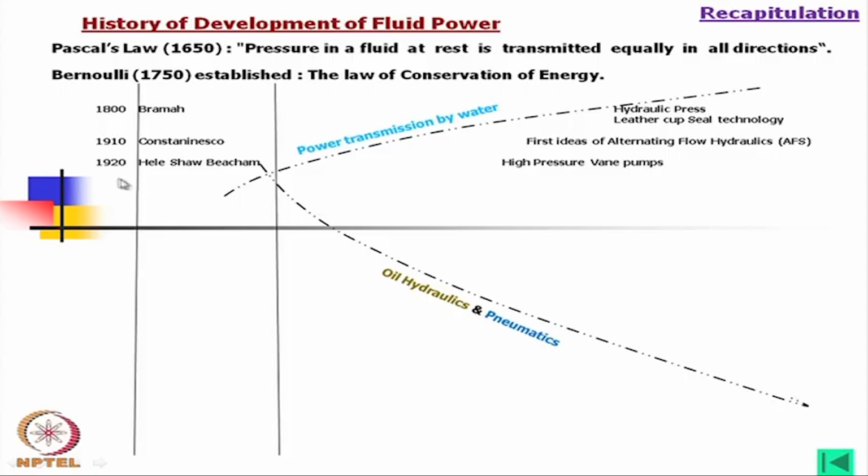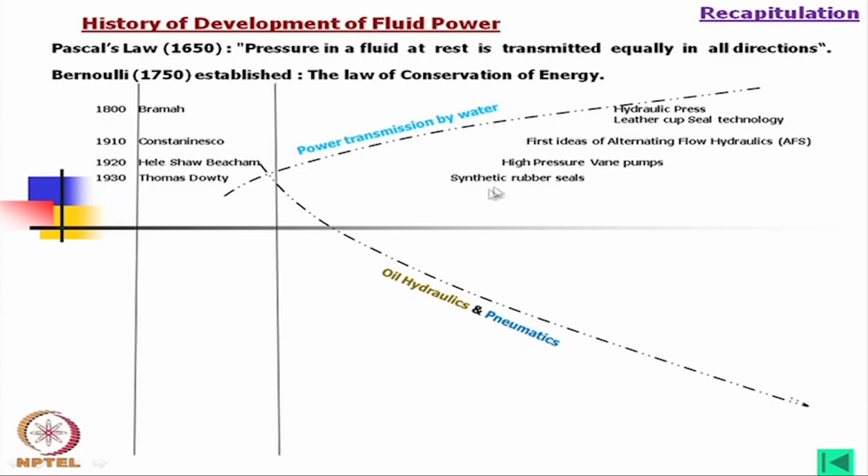But anyway, if we look into this history, in 1920 the high pressure vane pump was invented, and then in 1930, only 80 years back, the first synthetic rubber seal was invented. The leather cuff was invented in 1800.